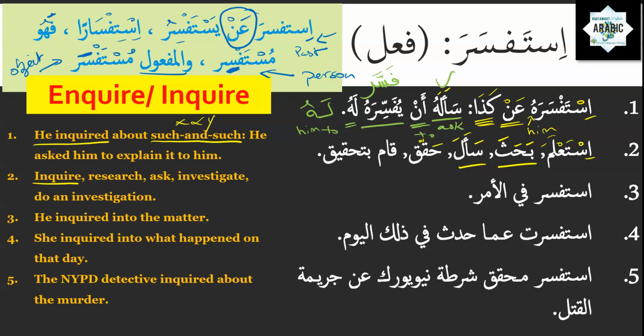Sorry, there is a shadda here. حقق, he investigated. قام, he did an investigation. بتحقيق. So تحقيق is an investigation. All verbs in Arabic are in the past. So we're going to do inquired, researched, asked, investigated, and did or conducted. Basically, when you say قام, you also refer to conduct something or do something.